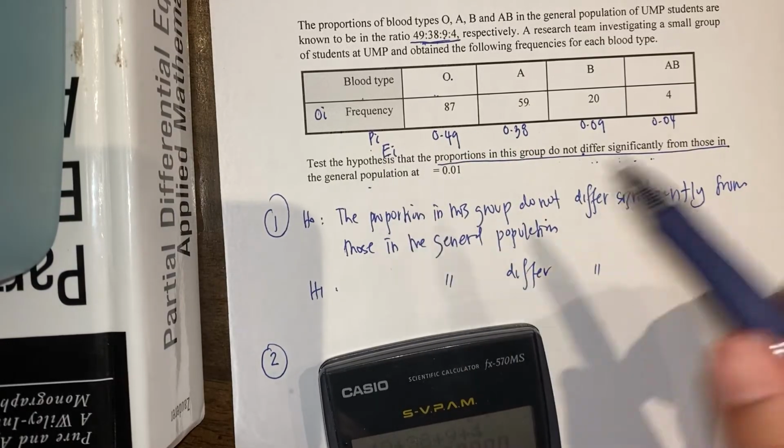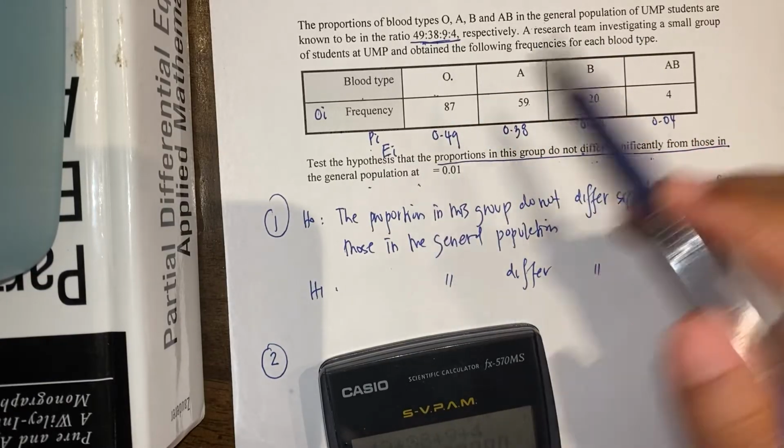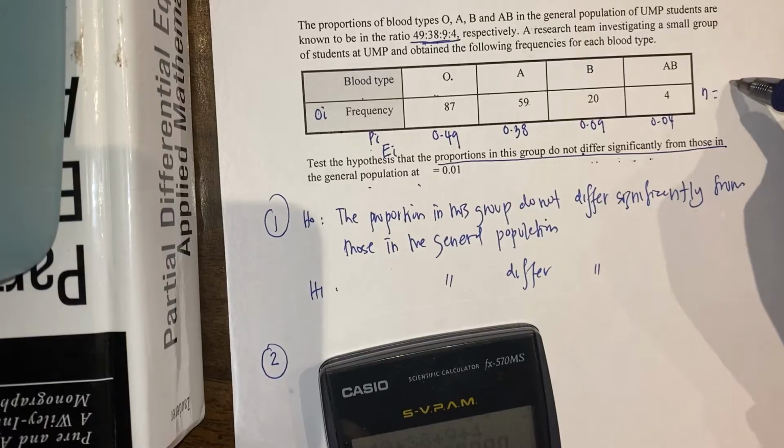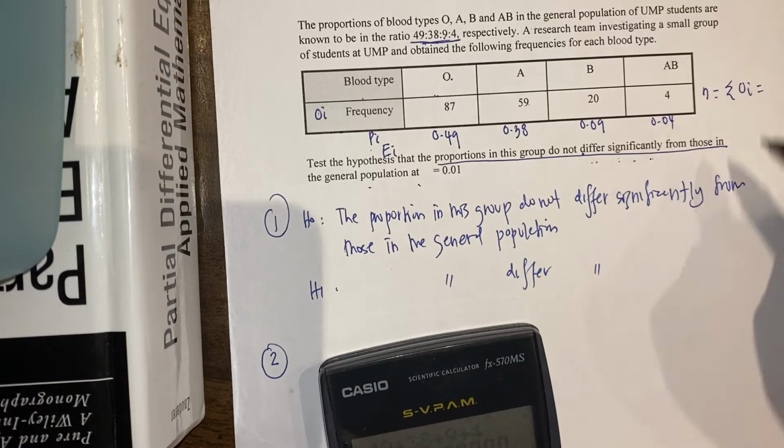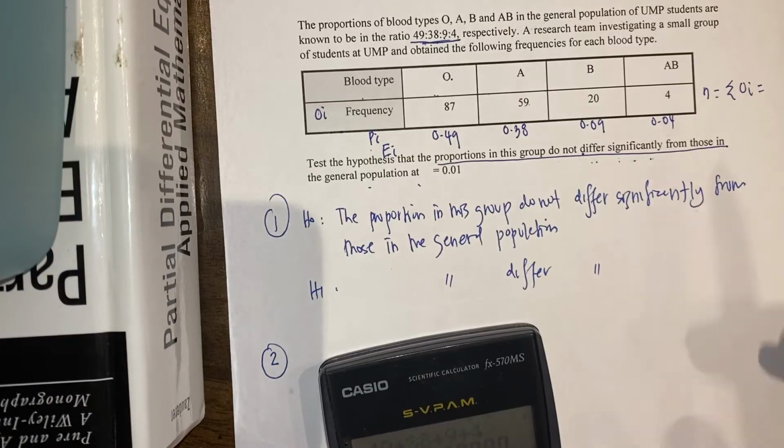Then based on this we calculate the E. So we need the N. There is no N mentioned here, so you have to calculate it. N is the summation of Oi, because the frequency here is the number of subjects.